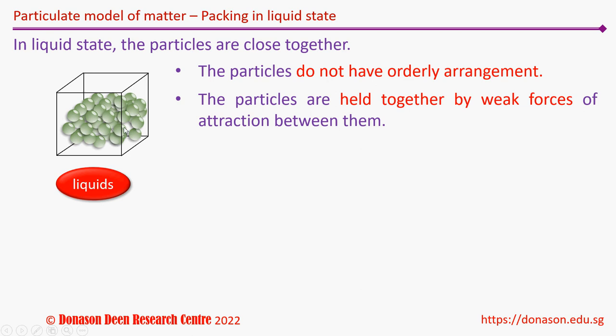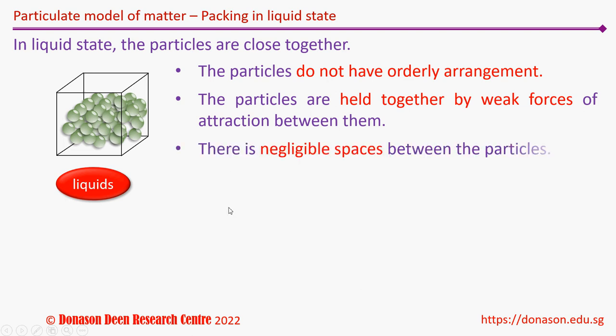So one particle is still attracted to another particle, and they are held together by weak forces of attraction, and that's what makes them stay together, and we are still able to see the huge number of particles together, and that's the reason why we are able to see liquids.